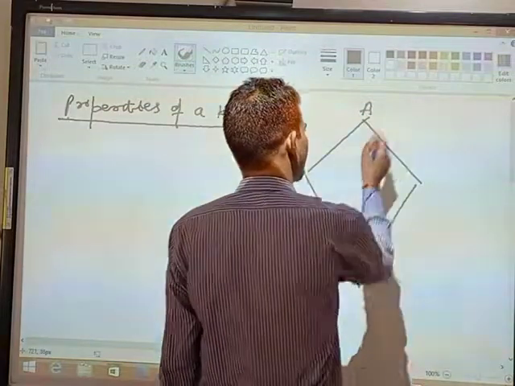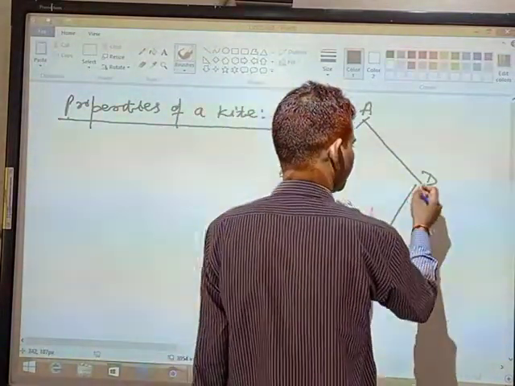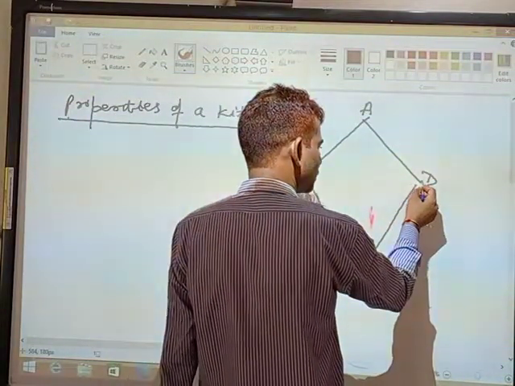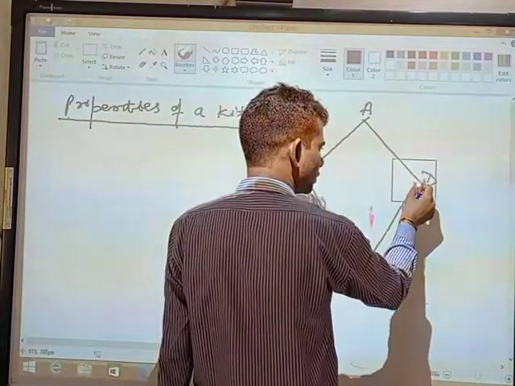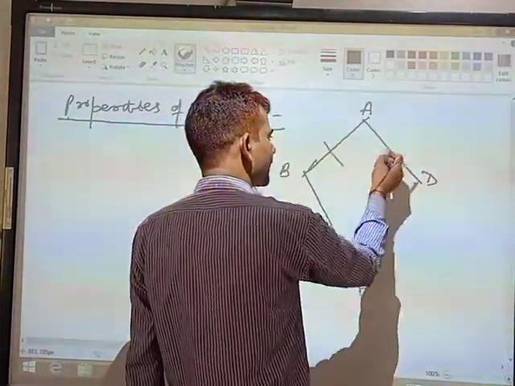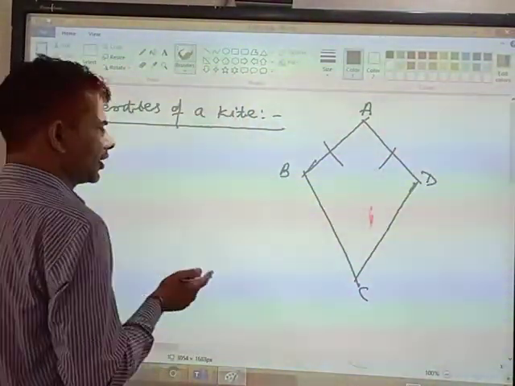A, B, C, and D. Students, these are your adjacent sides. Adjacent sides in a kite are equal.